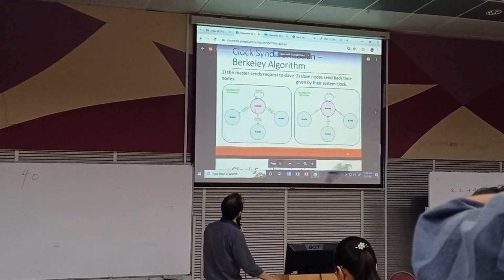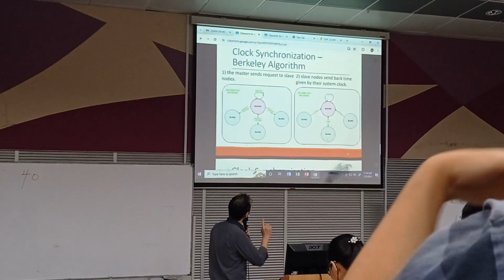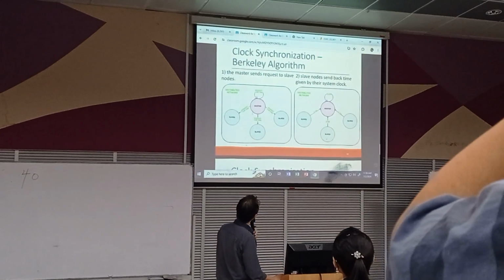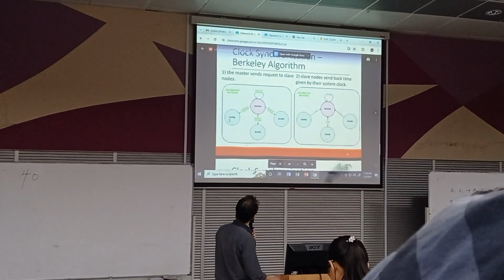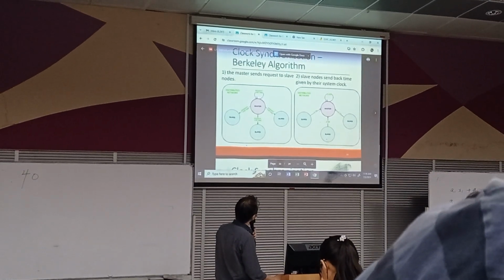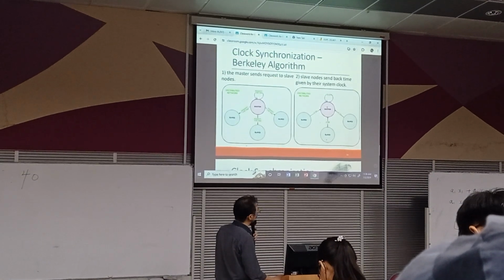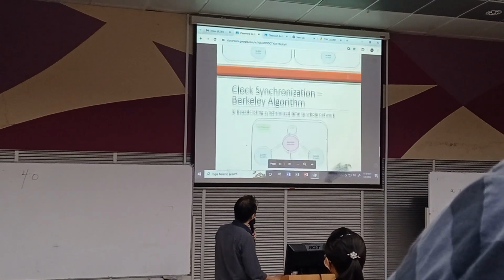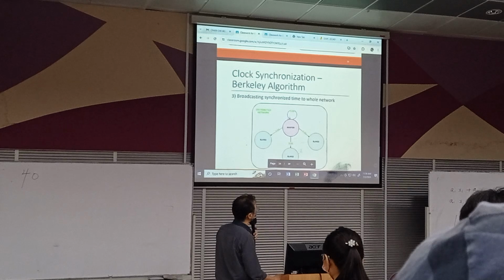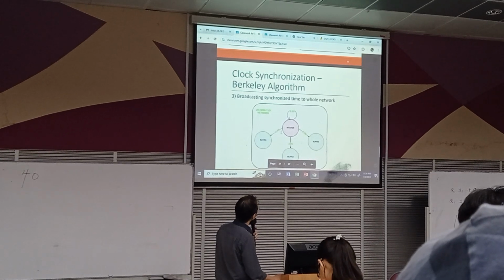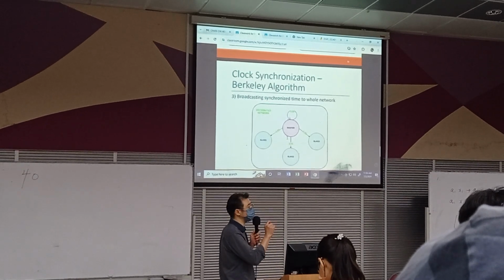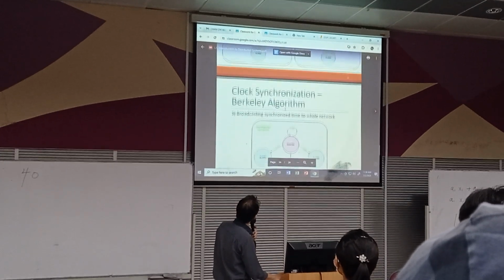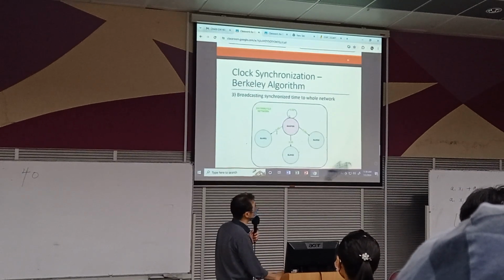So the steps are like the Christian algorithm, except that the master will request, and then the slave will return the time, and then the master will compute the average, and then he will update the slave. Now, when you update the slave, it does not send the time. It sends only the difference. Here, I think there's a mistake.